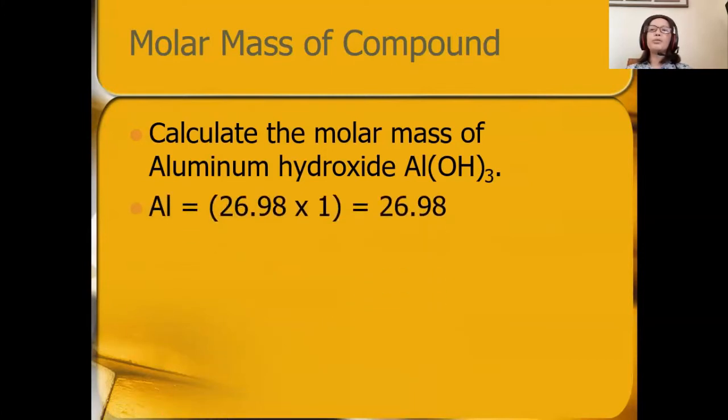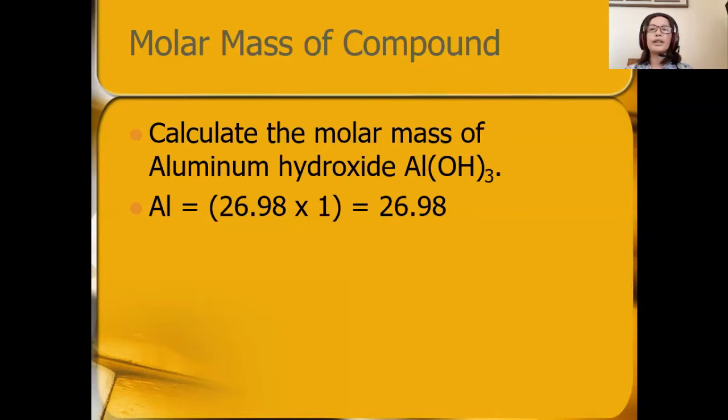So if you check the chemical formula and count how many atoms are present in the compound, what the elements are, and how many of these elements are in the compound. So for aluminum, there is 1 aluminum atom in aluminum hydroxide, and its atomic mass is 26.98.